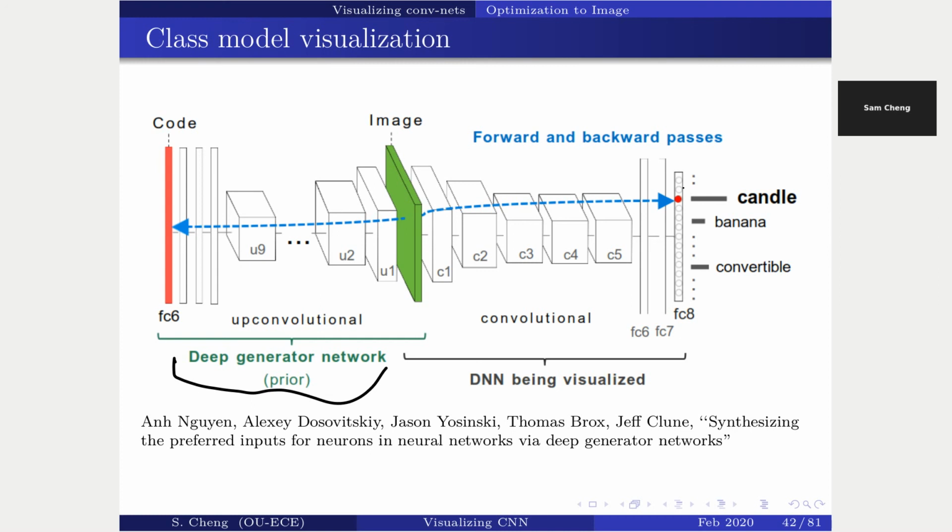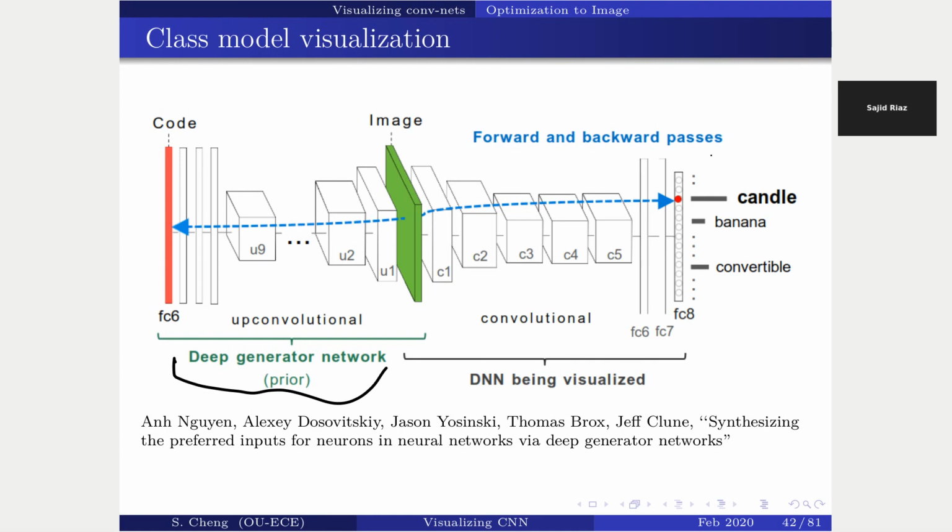You just attach another network here doing classification, which they call a visualization network. Say I want to visualize a candle, I just try to backprop this score. I can start with some arbitrary image, and at the end I want to make this candle score big.